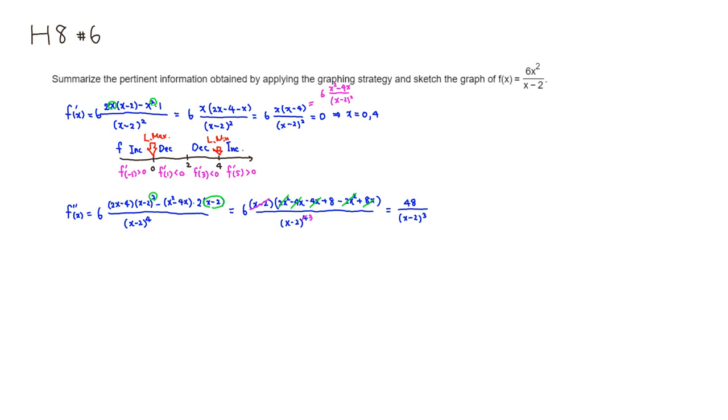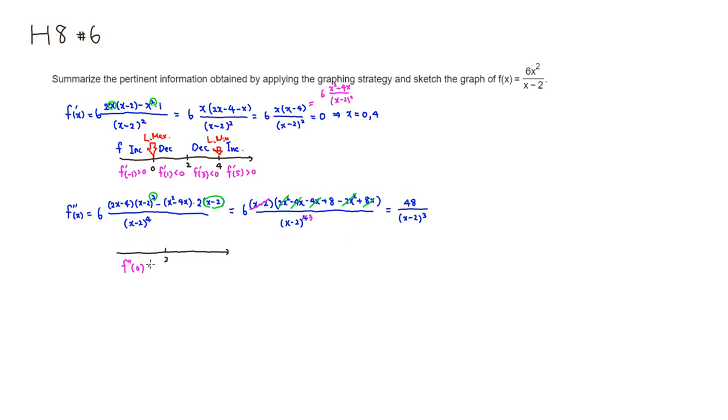So if you do a number line there, the only thing is x equals 2 is the only place here, so it's going to be 2. All right, then we're going to look at the sign. So if you look at the f double prime before 2, I'll just try 0. If you plug in 0, negative 2 cubed is still negative.